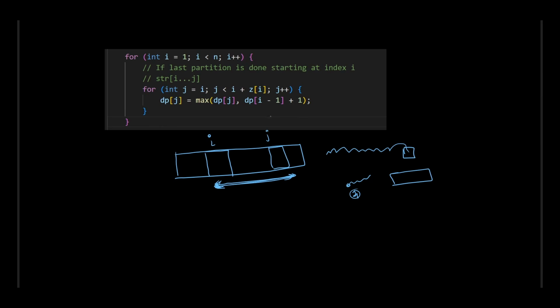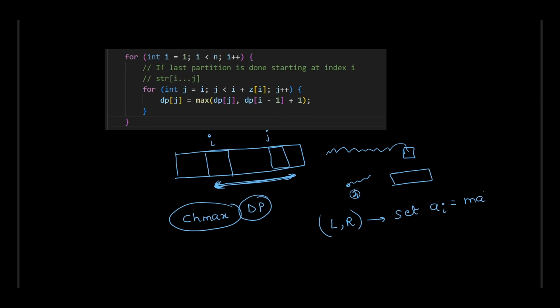So now you need a data structure that can efficiently do something known as chmax. I don't know what that actually means, but apparently this is what the chmax dp is. Whenever you see the format where in a range L to R you want to set ai to max of whatever ai is, comma, a constant k.